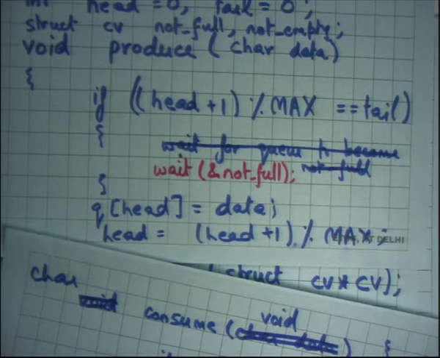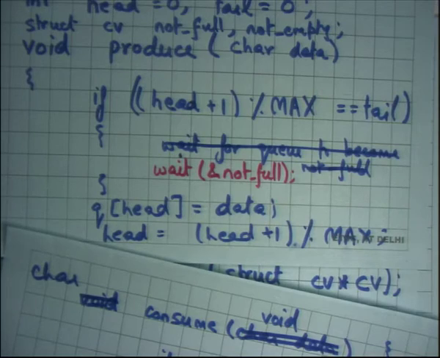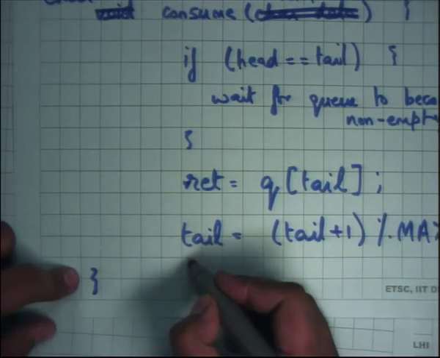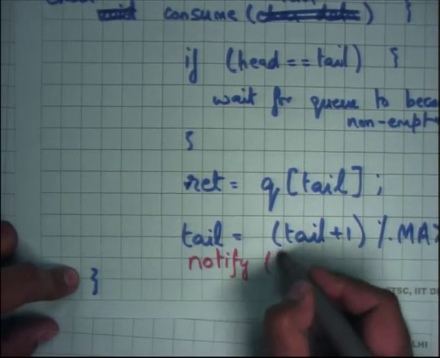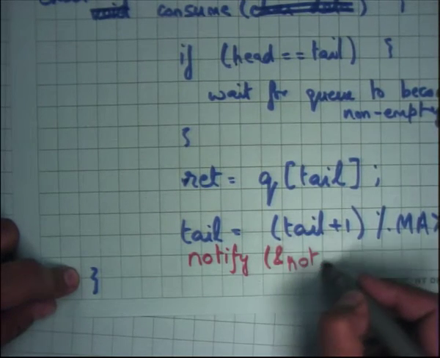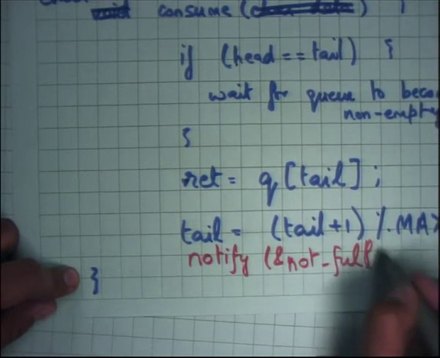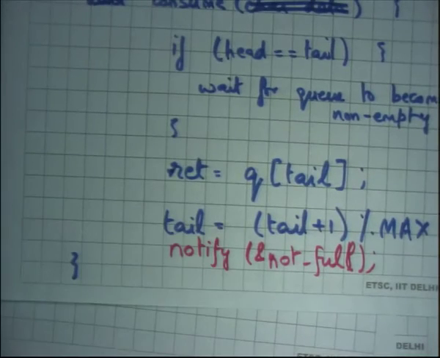Now how am I going to know whether it has become not full? The consumer has to tell me, right. So the consumer will basically here say notify not full. Okay. So that's how you connect the two.